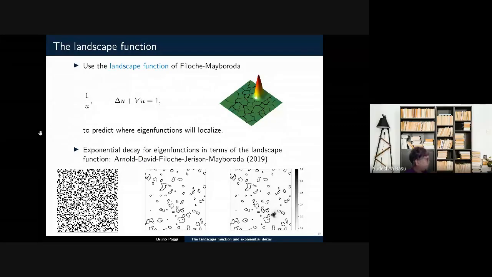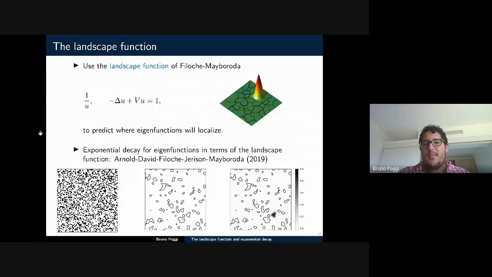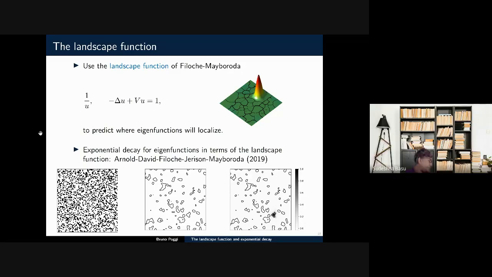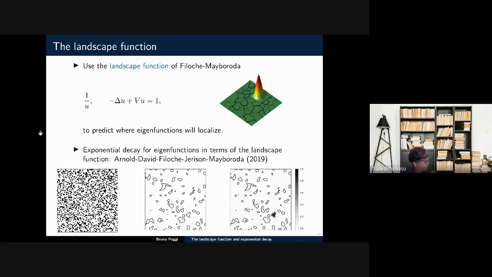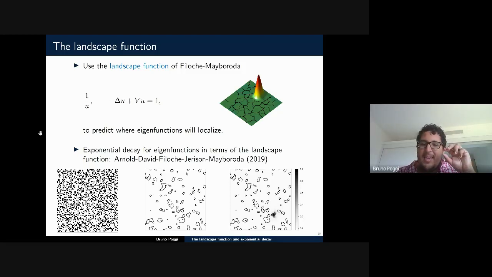And in the last picture, you see this part with shadow, this part that is filled in. What it represents is the values of an eigenfunction, that black part. And as you can see, that eigenfunction is localized to one of these wells of the function 1 over u.